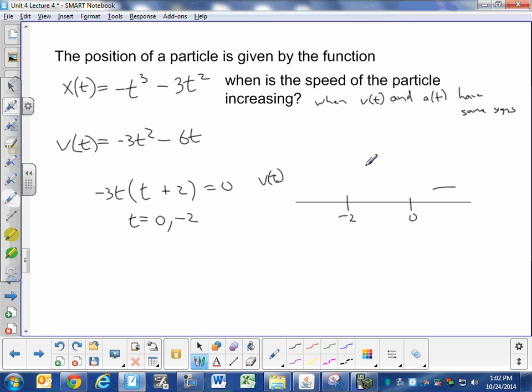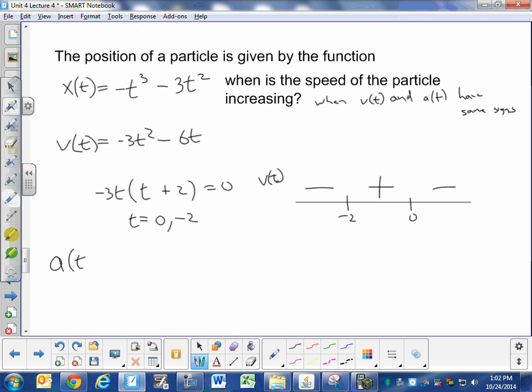Is that also a negative? Wait, this is a positive times a positive. Thank you. And then to the left of negative 2 is a positive times a negative. This is a negative. Okay, so that's the start.